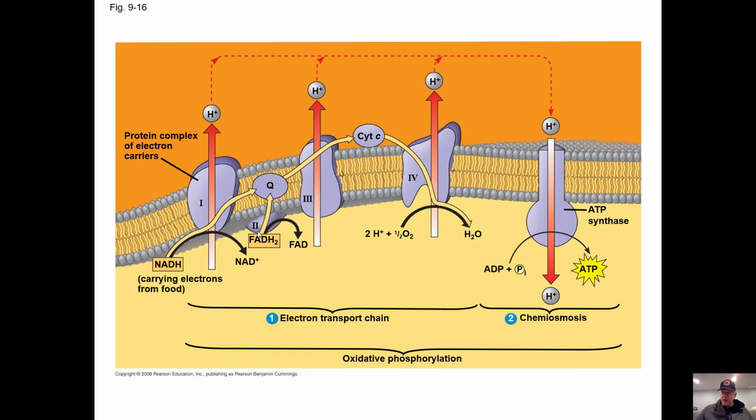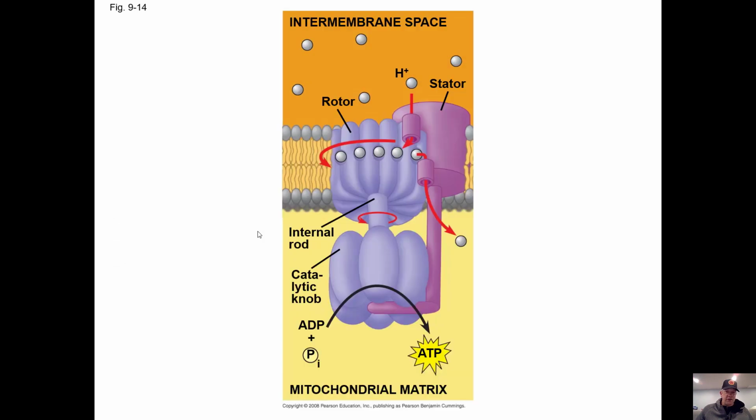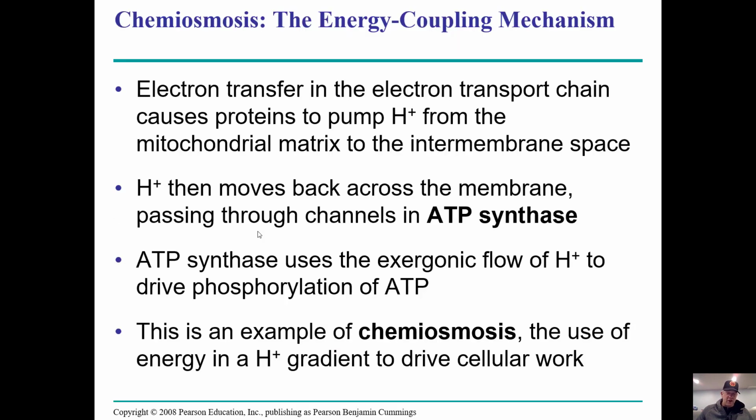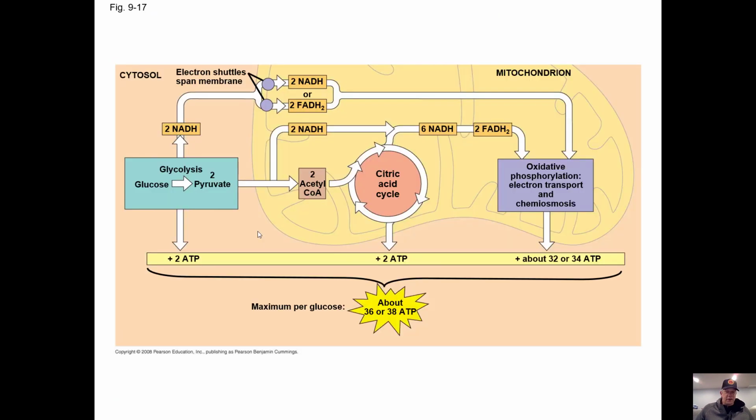In theory, you can make 3 ATPs for every NADH and 2 ATPs for every FADH. There are some efficiency problems, so it's not 100% 3 and 2, but it's close enough. Anyway, the max that you can make per glucose is about 36 or 38.